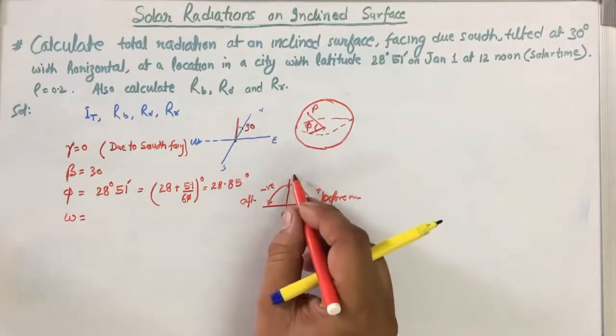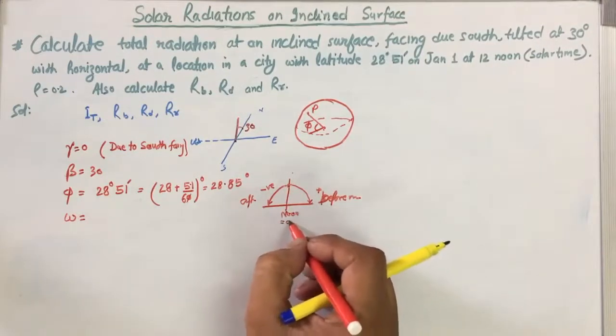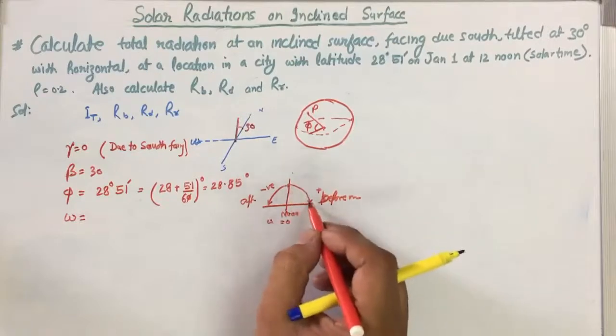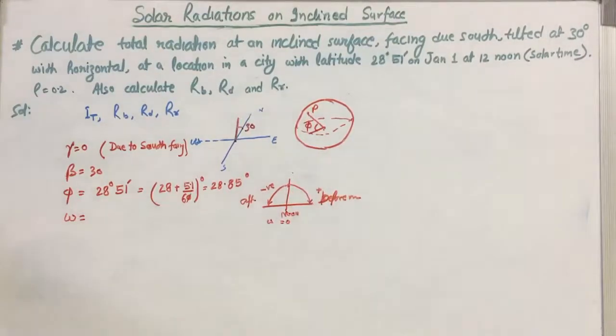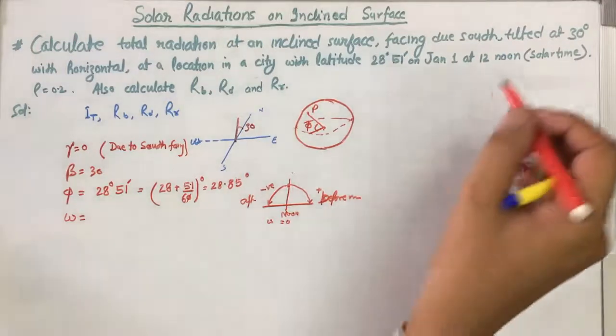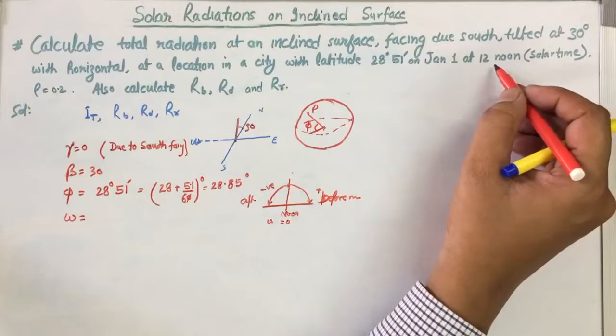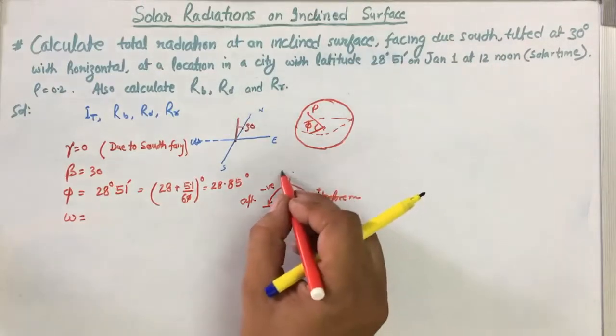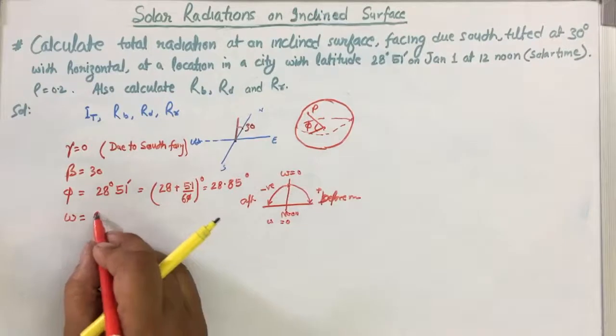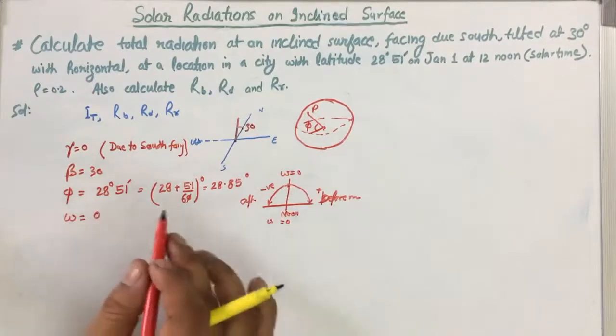So 0 here, and as we are moving here, 1 hour occupies 15 degree. So in this way, we are talking about 12 noon. So we are here, our angle will be 0. So don't worry about others, it is 0.